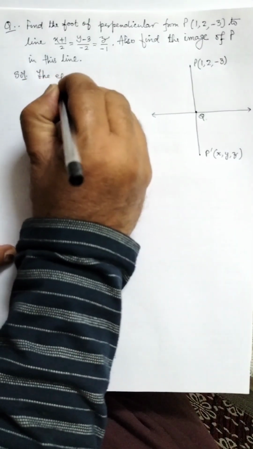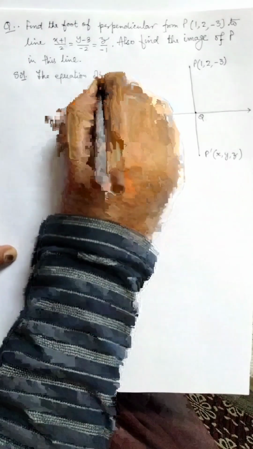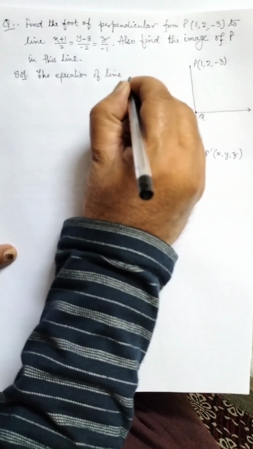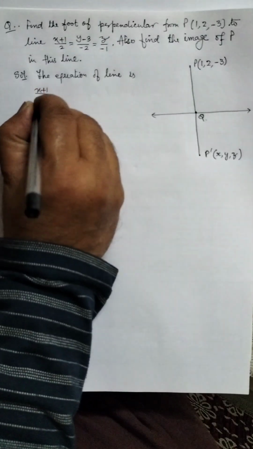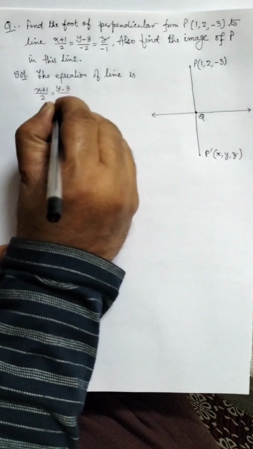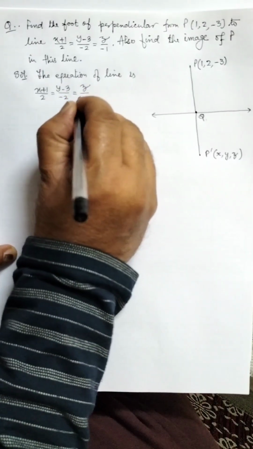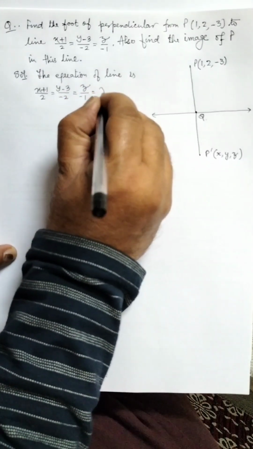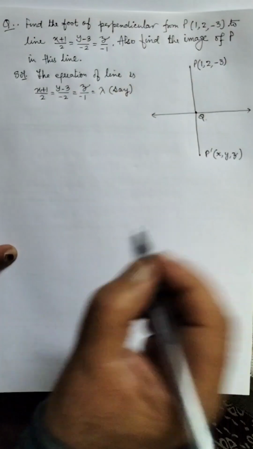The equation of the line is (x + 1)/2 = (y - 3)/-2 = z/-1 = lambda. Let's call it lambda.